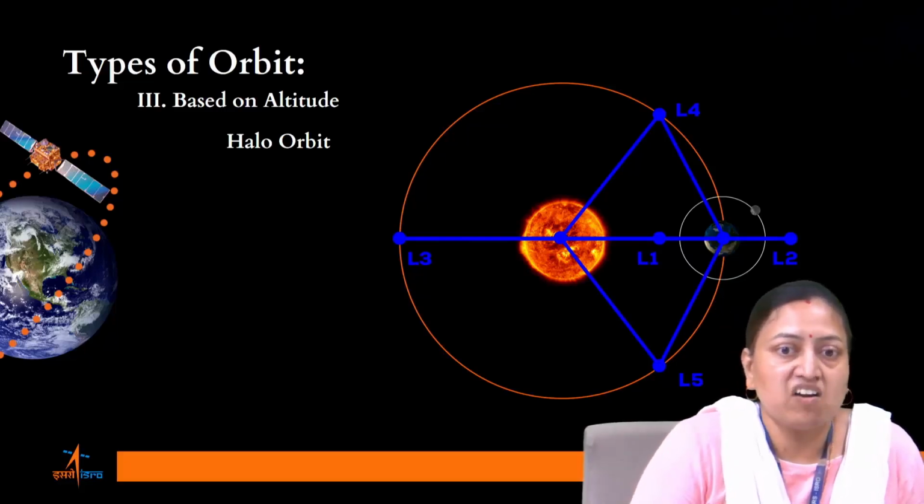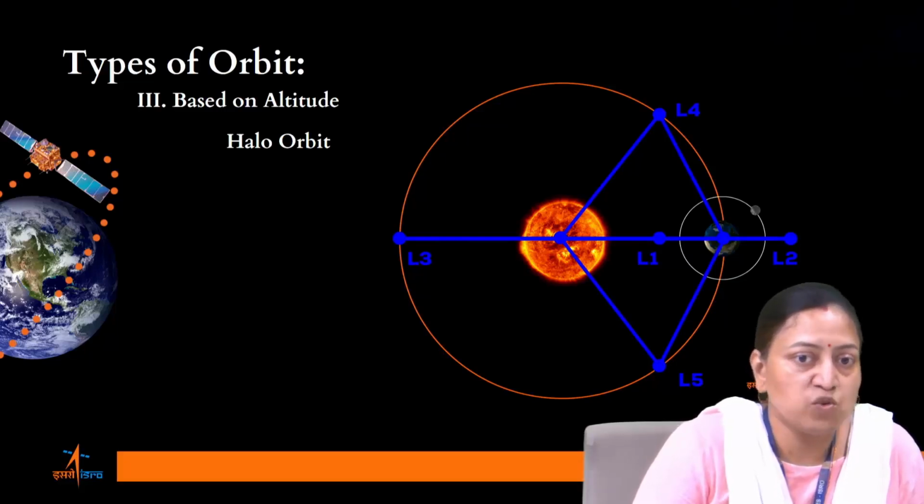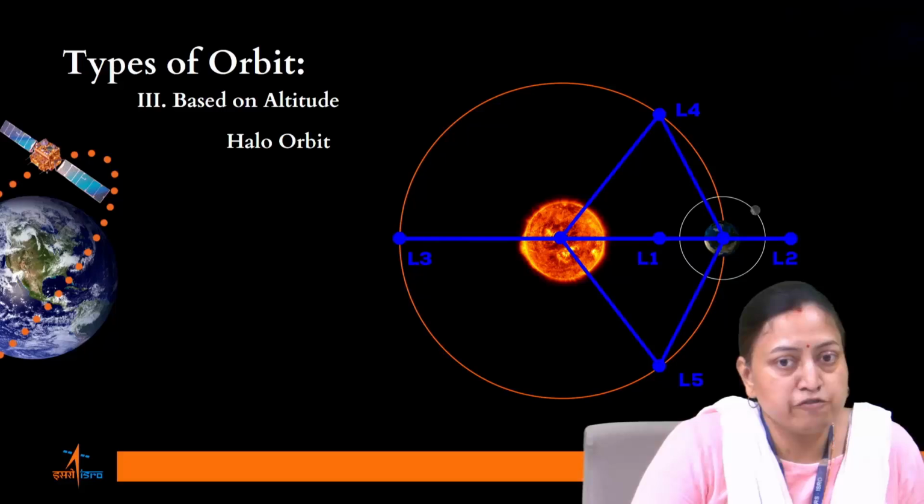The points are called Lagrangian points and the orbit is called a halo orbit. This orbit is preferred for space telescope missions as there will be less noise in space than near Earth. ISRO's upcoming solar mission Aditya L1 will take such an orbit.